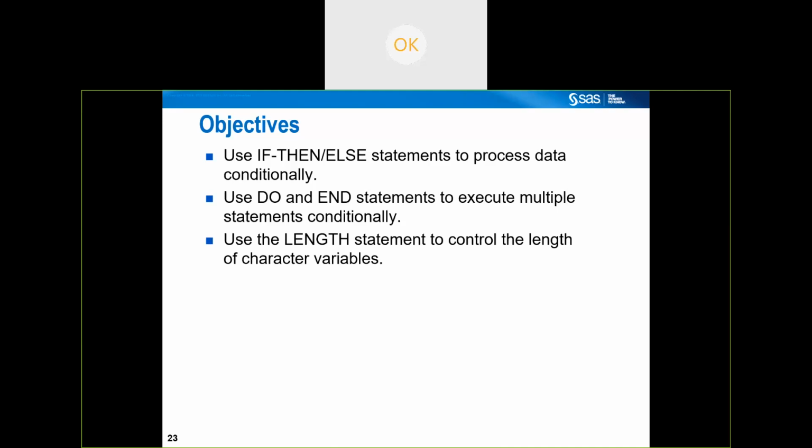Previously actually we have learned it, but just in the form of if and where. Jadi kita menggunakan if dan where saja. But now we are using if then ataupun if then else, and then the others, yang itulah do and length.